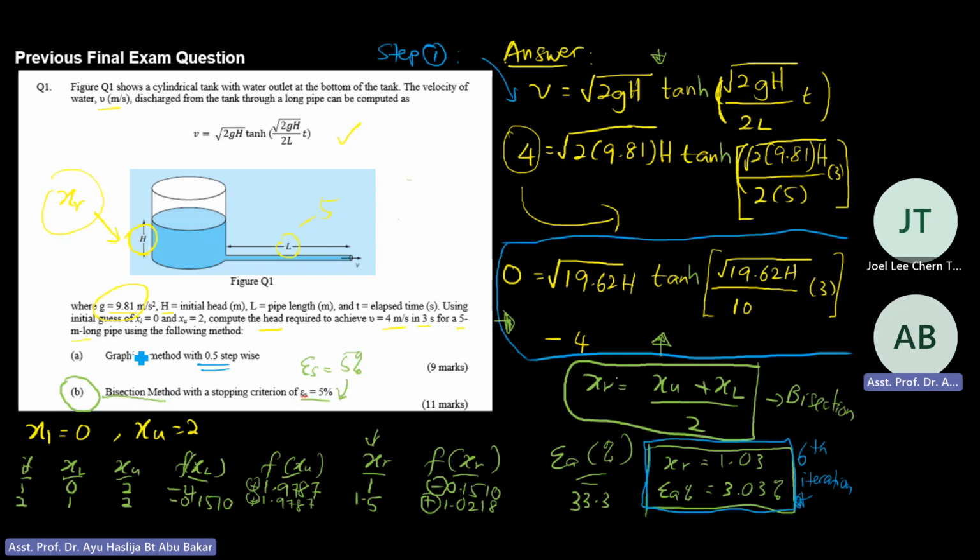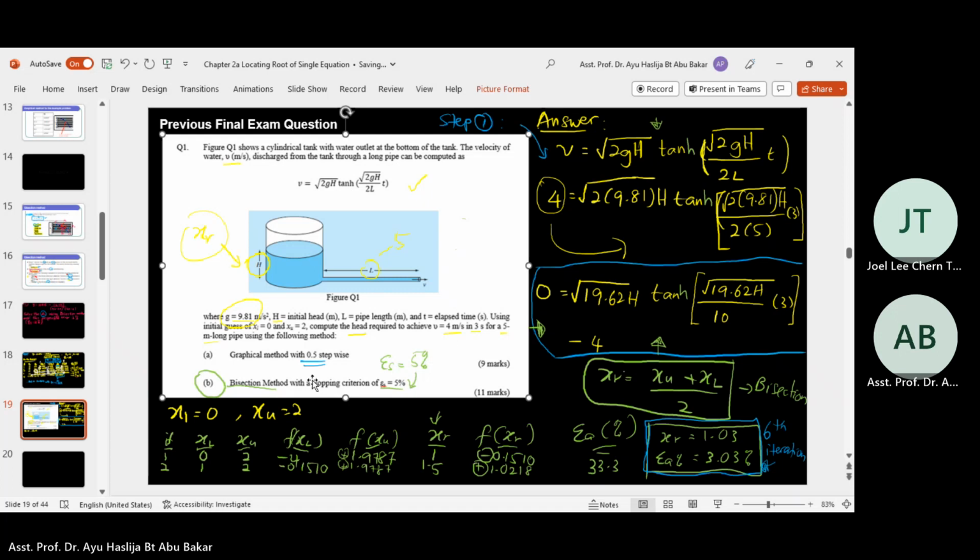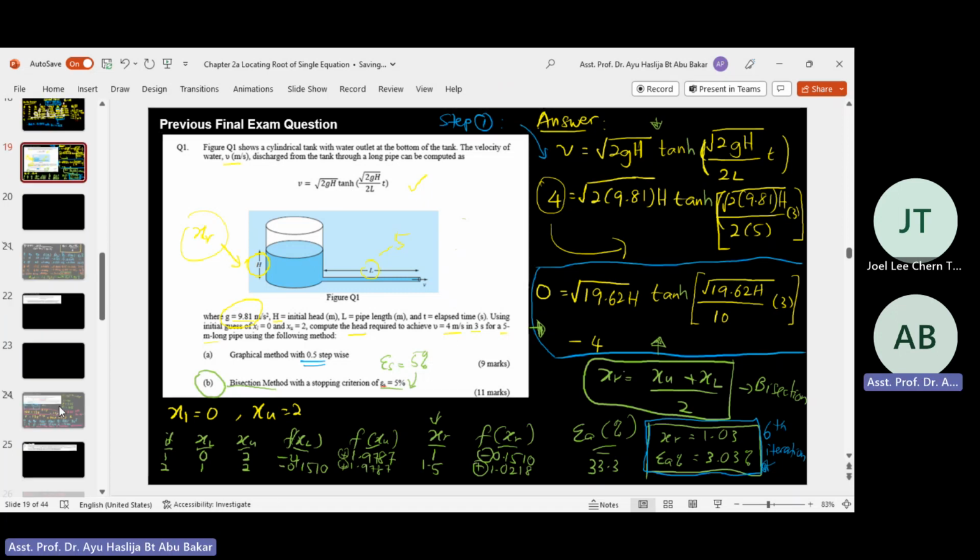Using false position method. Stopping criterion is still 5%. Wait, I put in the new slide.